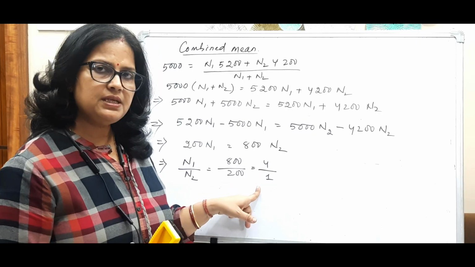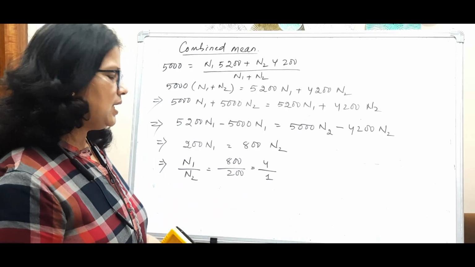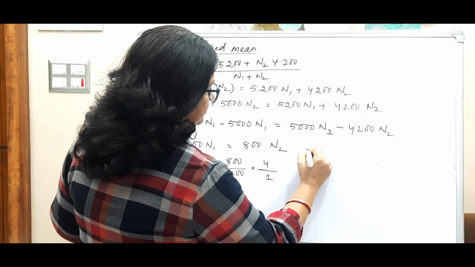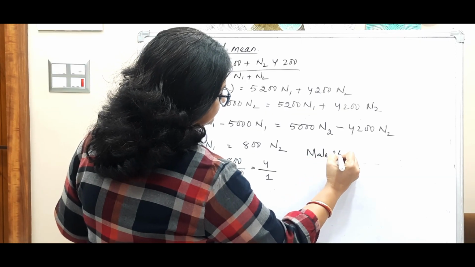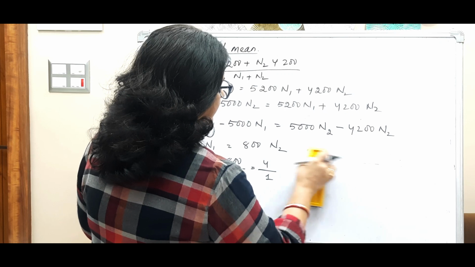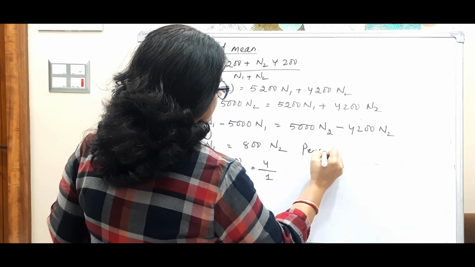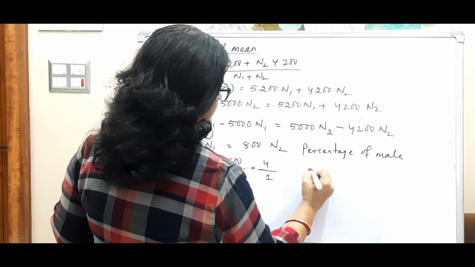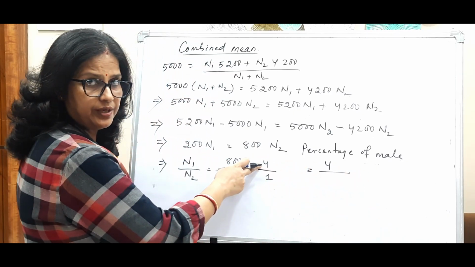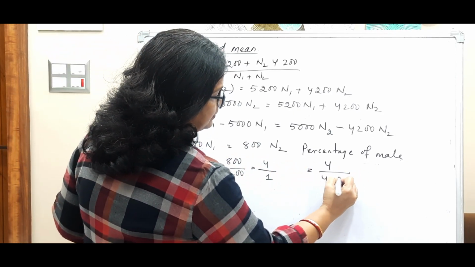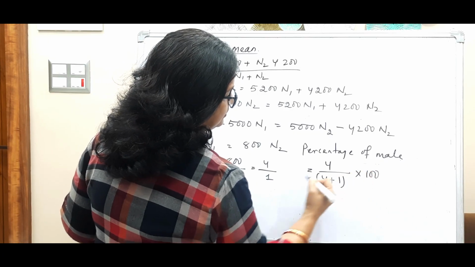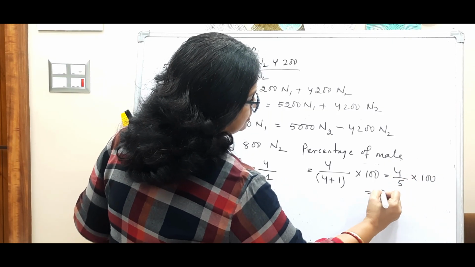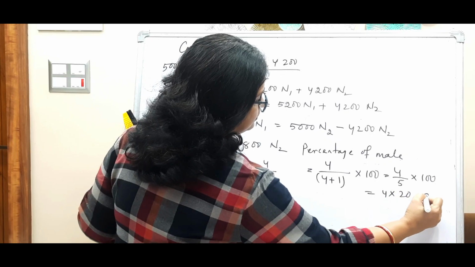So to find the percentage, what we can do, we can add male and female first. For male, the percentage of male equal to 4, because we have taken N1 as 4, divided by 4 plus 1 into 100, which is equal to 4 by 5 into 100, which is equal to 4 into 20 equal to 80.